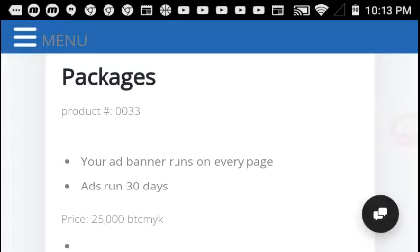So you're looking at a cost of about $1, and of course that amount will change with the value of Bitcoin MYK in relation to the US dollar, right? So it's a great value.